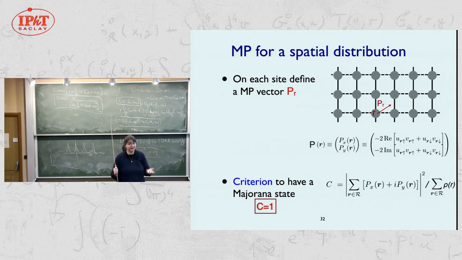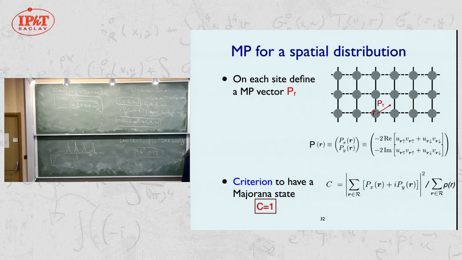But complications arise when I have a spatial distribution, and that's where this quantity is actually very useful, because if I didn't have a spatial distribution of things, it wouldn't be so important. But in physical systems, I always have some spatial dependence. So I need my Majorana polarization to be a spatially dependent vector.